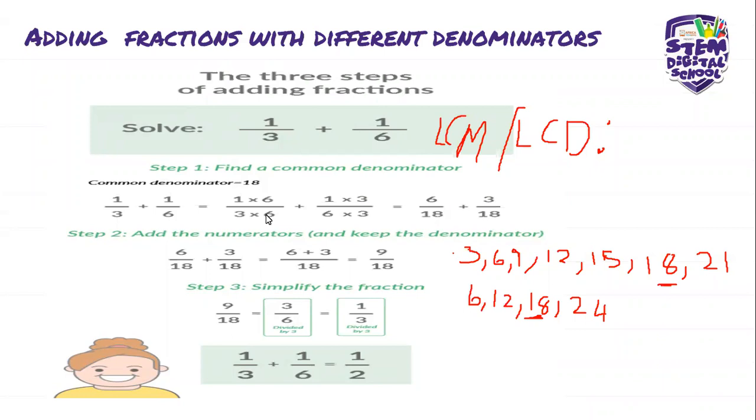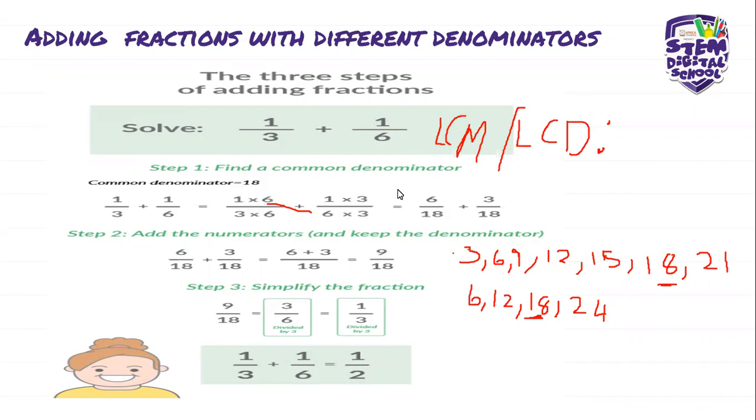So it's times 6 on the bottom, times 6 on the top. Whatever you do to the bottom, you must do to the top. Then on the 6 side, 1 over 6, what times 6 gives me 18? Times 3 at the bottom, times 3 at the top. Then you get the results.